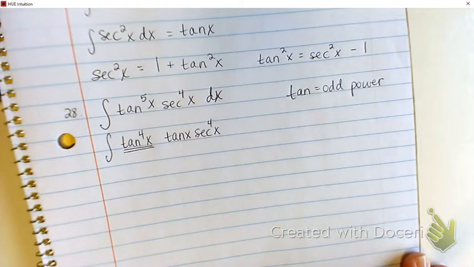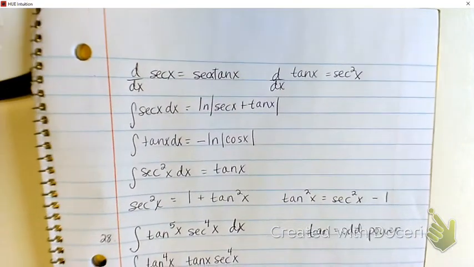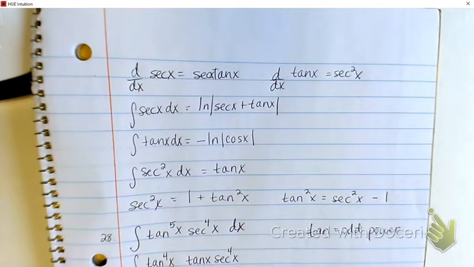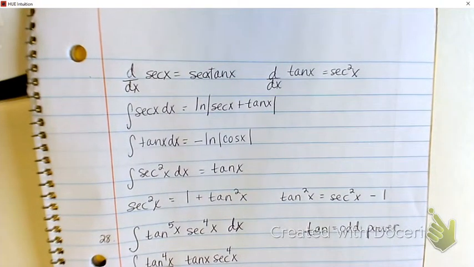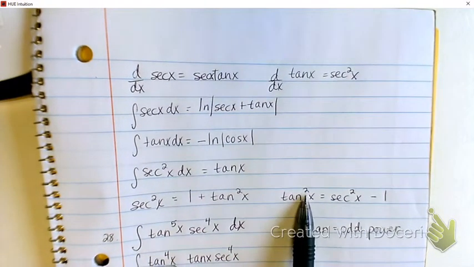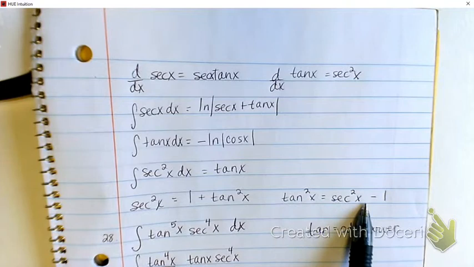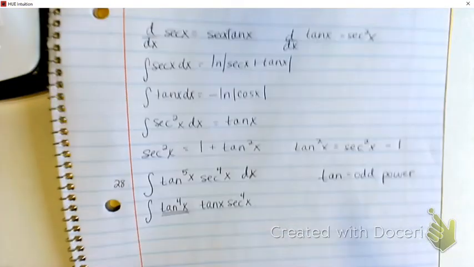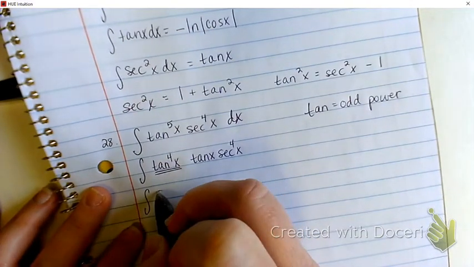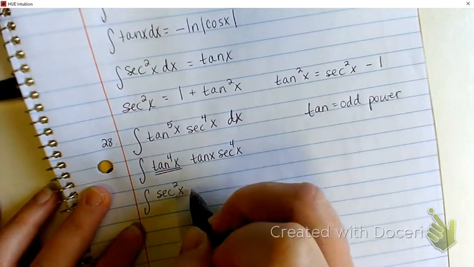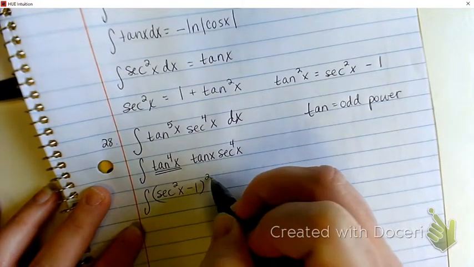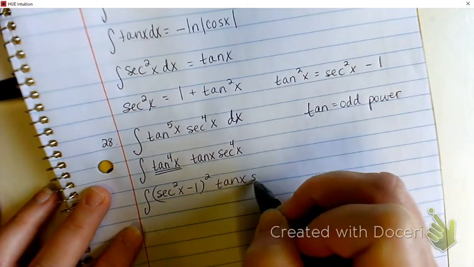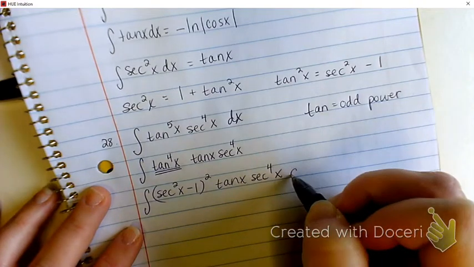Okay, so what thing up here do you think we're going to use that will help me change? That. Set tangent squared of x equals secant squared of x minus 1. It is squared, which is another reason I'm working it out, because I don't like it when it's squared.